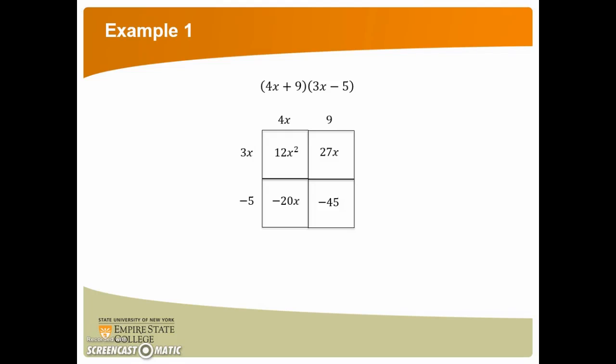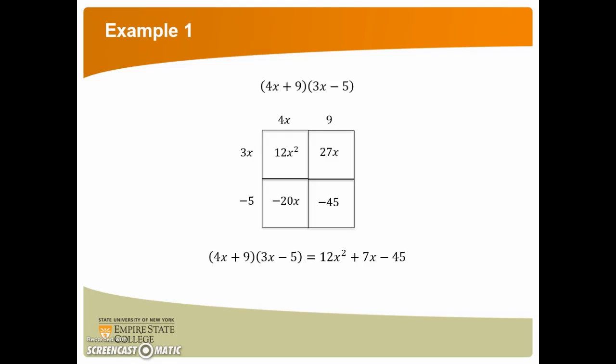We have 4x times 3x to give 12x squared, 3x times 9 to give 27x, negative 5 times 4x to give negative 20x, and negative 5 times 9 to give negative 45. To finish, we can combine the 27x and the negative 20x. Our final answer will be 12x squared plus 7x minus 45.